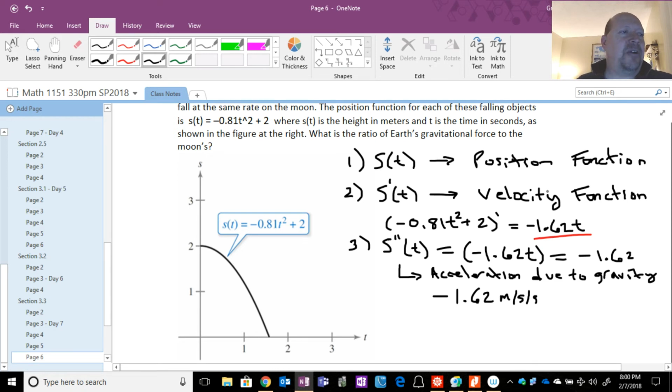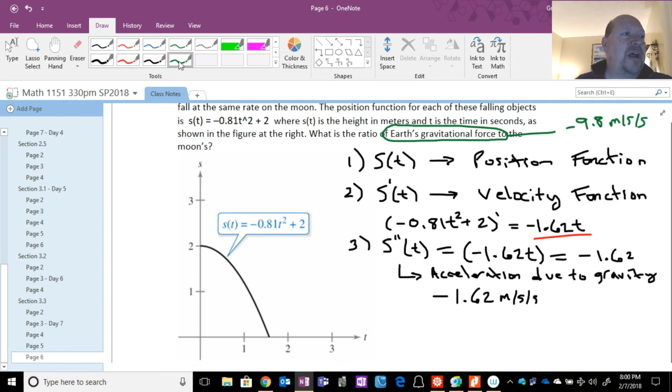Now, they ask us what the ratio is with the Earth's gravitational force. You may know from physics that the Earth's gravitational acceleration is negative 9.8 meters per second squared.